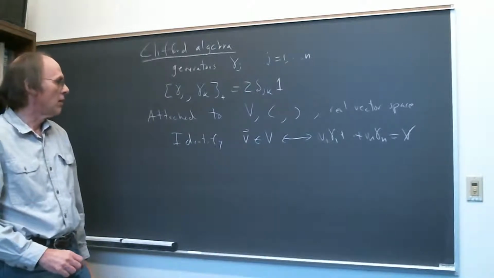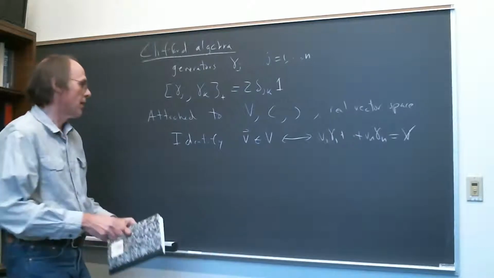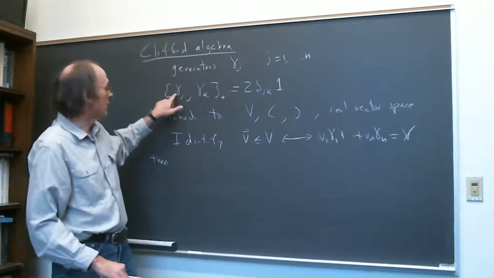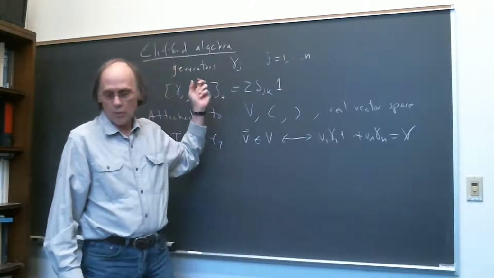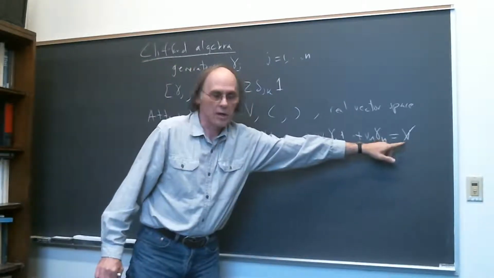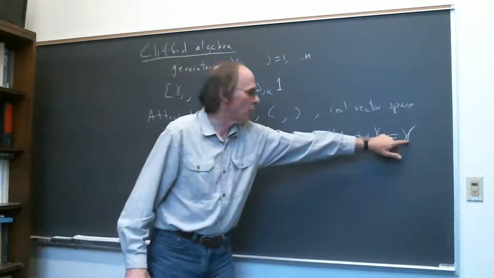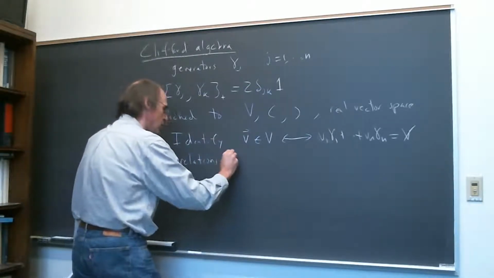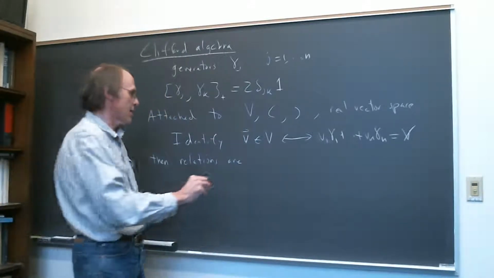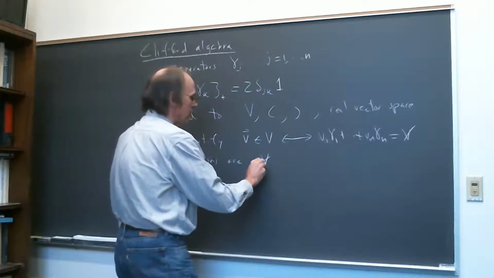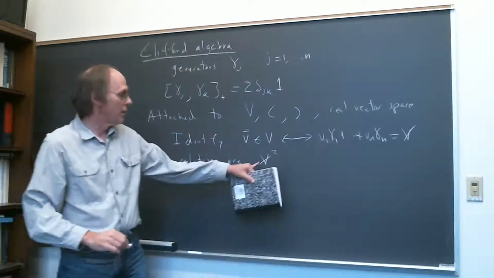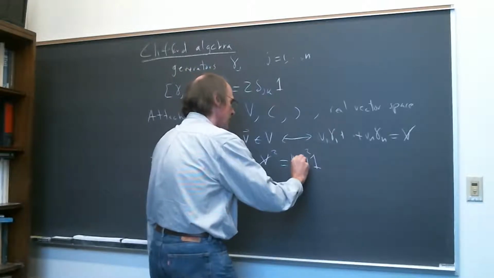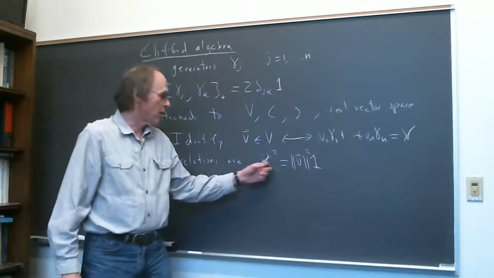And then, instead of having these relations, which you get when these things are an orthonormal basis, the simplest way of saying it is that now you can multiply v by itself, and if you multiply v by itself, you just get 1 with a number in front of it, which is the size of the vector.